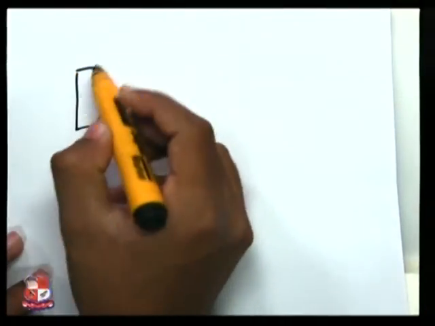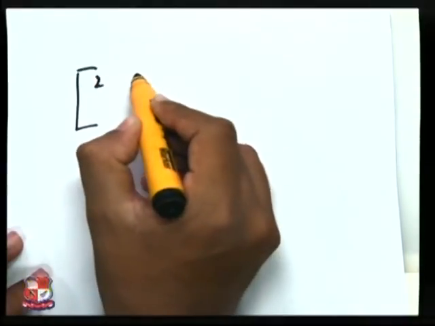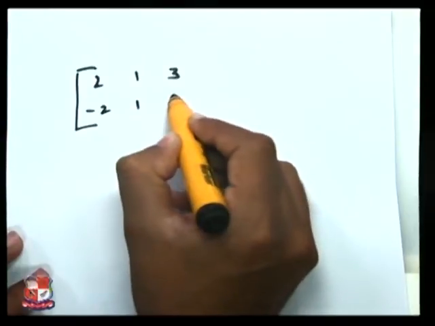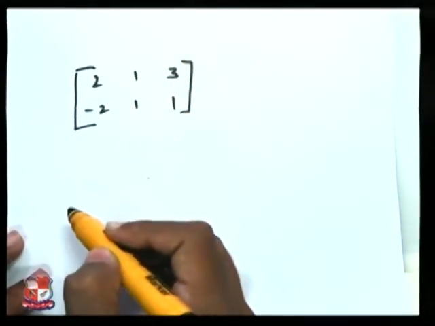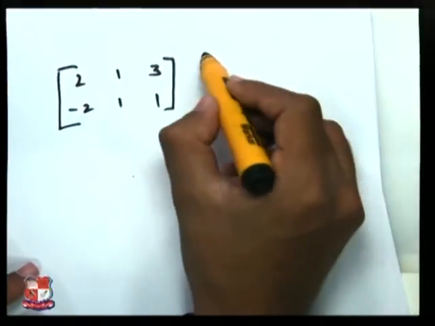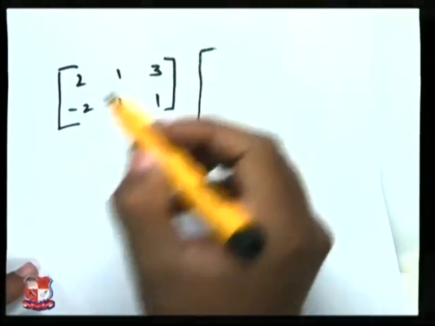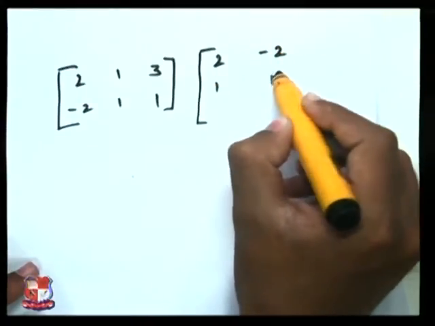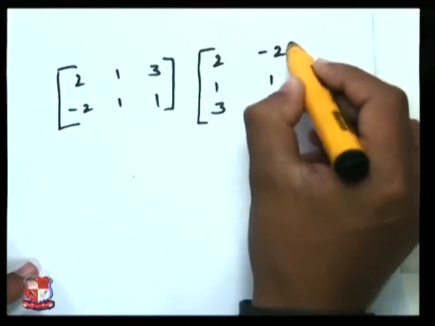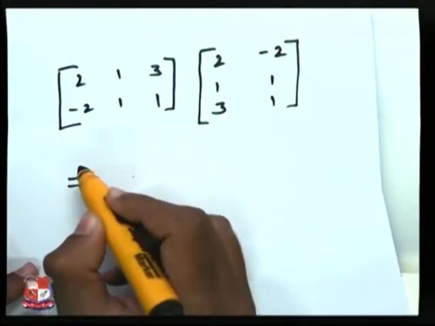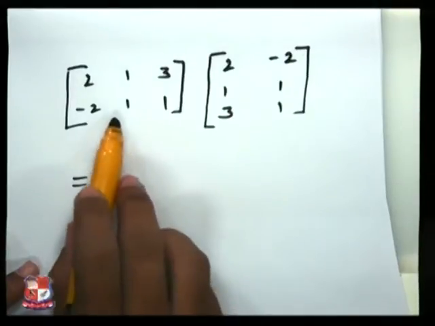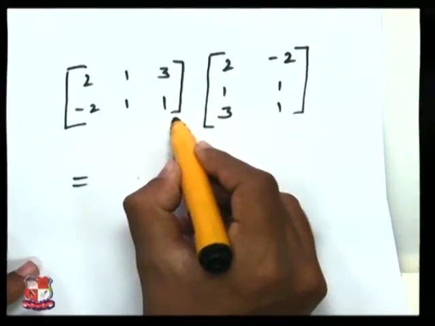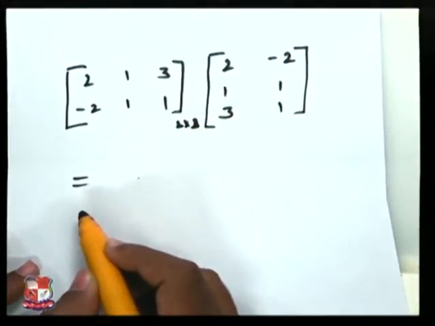Here are the two matrices: (2, 1, 3; -2, 1, 1) into (2, -2; 1, 1; 3, 1). This matrix is in the form of 2 cross 3.